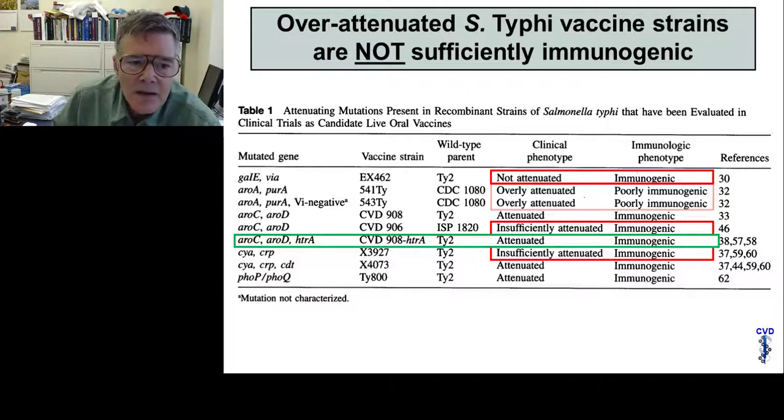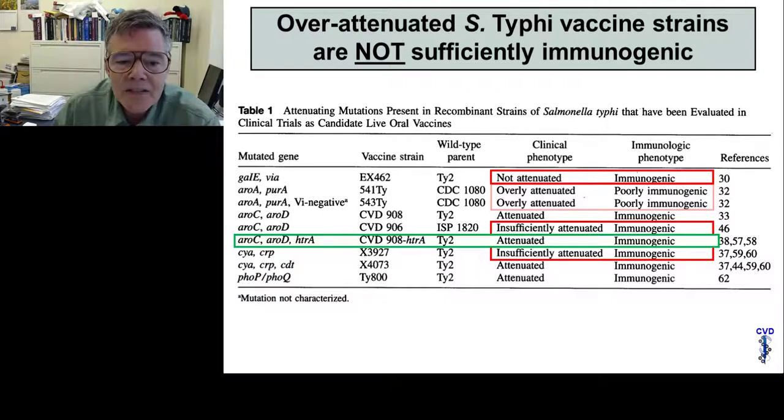Over the years, a number of attenuated Salmonella Typhi vaccine strains have been developed just as vaccine strains, not as carrier vaccines, okay? And what we found over the years is that over-attenuated strains are poorly immunogenic. So if the strain is too weak, then it doesn't really reach the appropriate immune inductive sites, and you get a very safe vaccine, which is not immunogenic.